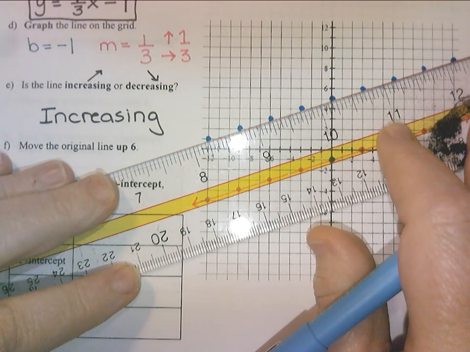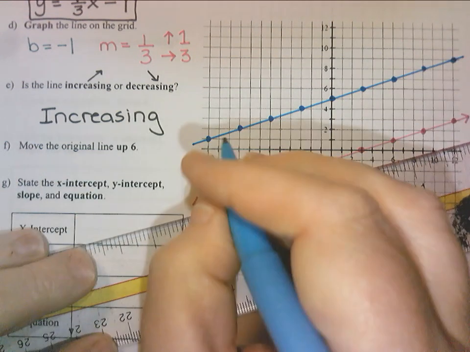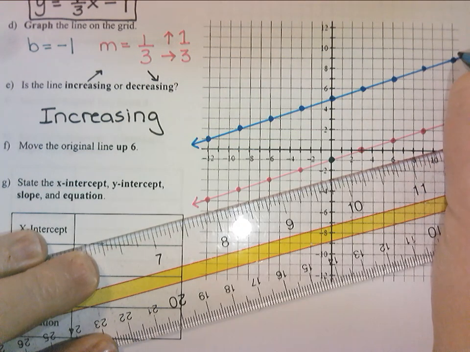And then I am going to draw a line. Make sure it goes from one side of the grid to the other, and we put arrows on the end.